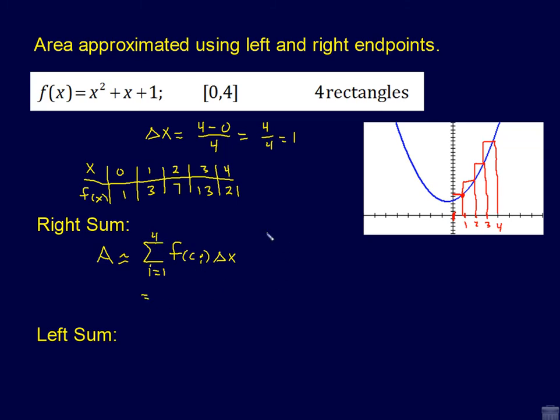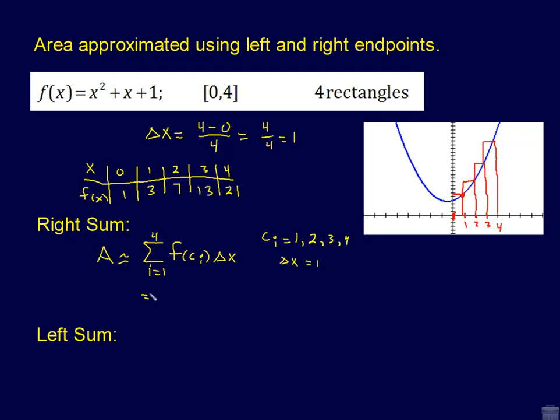And I can even make a note to myself, in this example with the right sum, the 4 values I'm putting into the function are going to be the 4 right sides of each rectangle. So that's going to be the x values 1, 2, 3, 4. So each rectangle will have a width of 1.